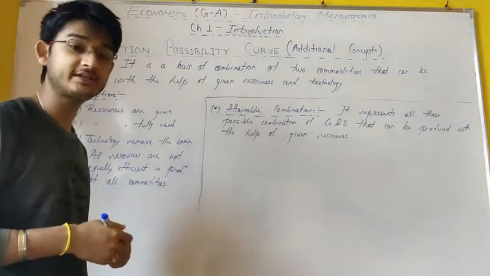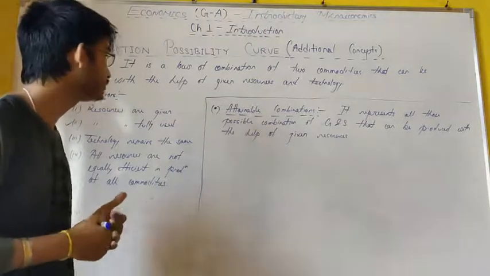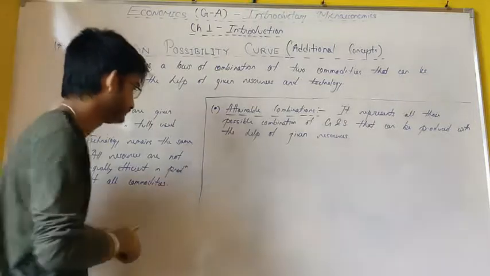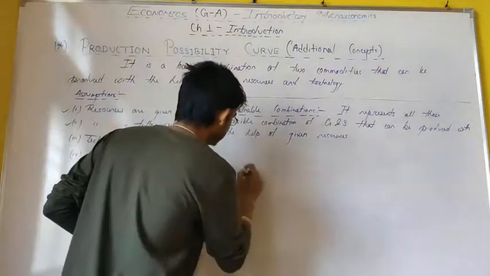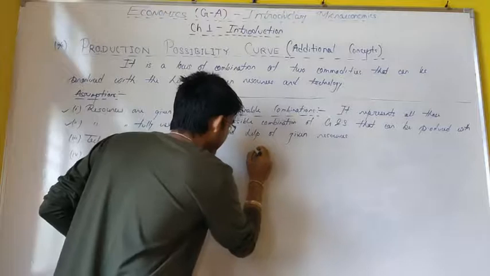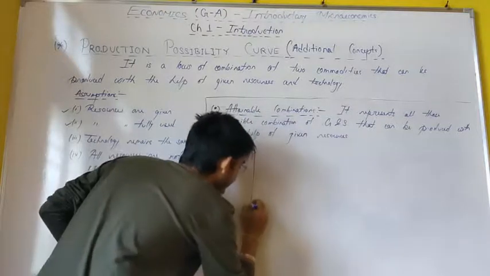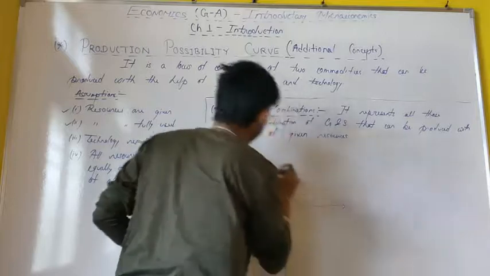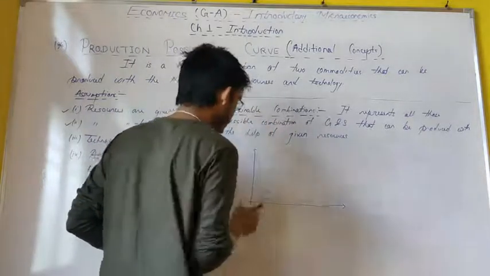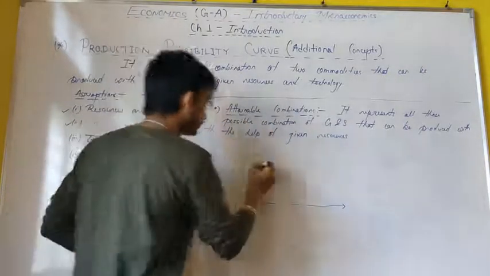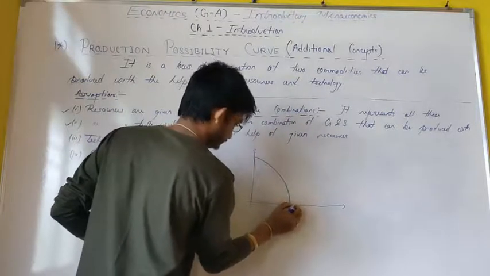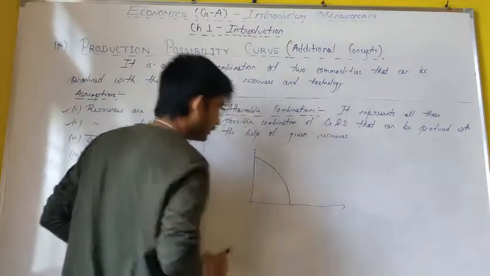Now the question is how to show these attainable combinations with the help of a diagram. Well, let's do the diagrammatic explanation. First, we draw a PPC which is concave towards the origin.